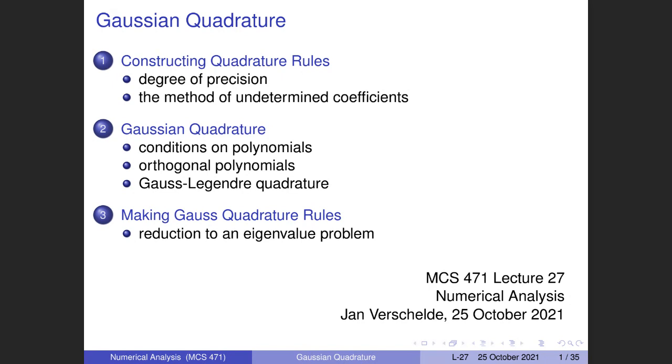So how do you then fabricate Gaussian quadrature rules in a very efficient manner? The method of undetermined coefficients is fine if you work by hand, but you don't want to do this for 100, and certainly, well, even not for 100. As soon as things start to get larger, what is necessary for applications, then you actually need to use linear algebra. And that will be the third part of this lecture.